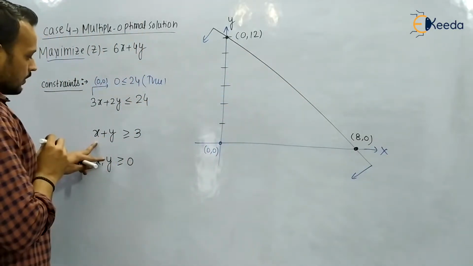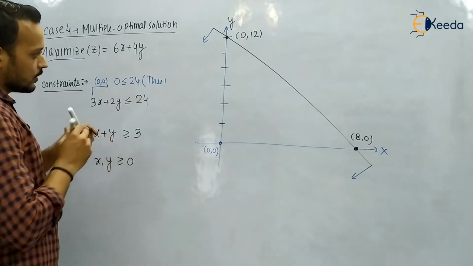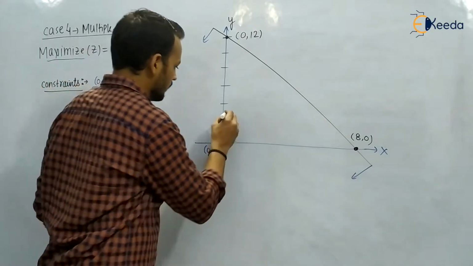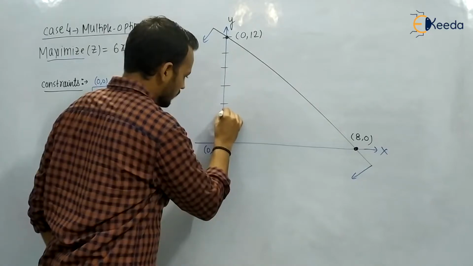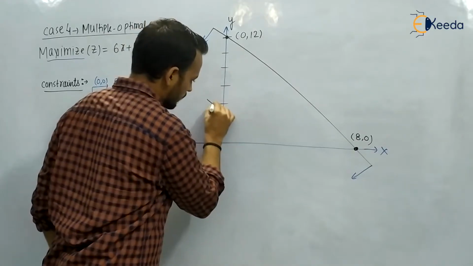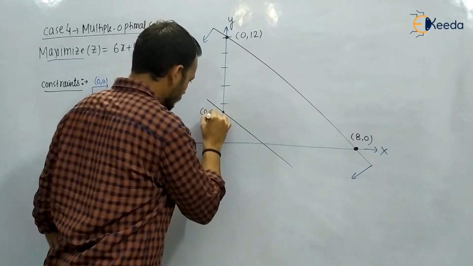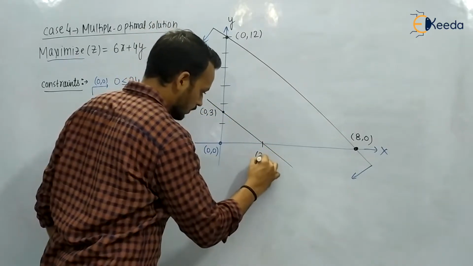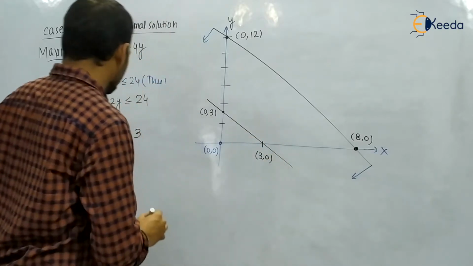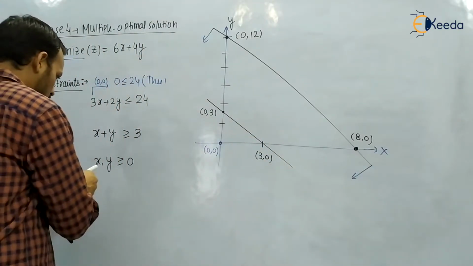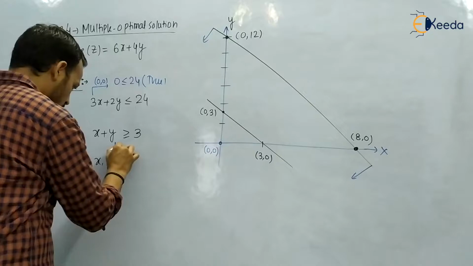Now the second constraint, very simple: 3 comma 0 and 0 comma 3. This is 0 comma 3, this is 3 comma 0. Now we put 0 comma 0 here also.